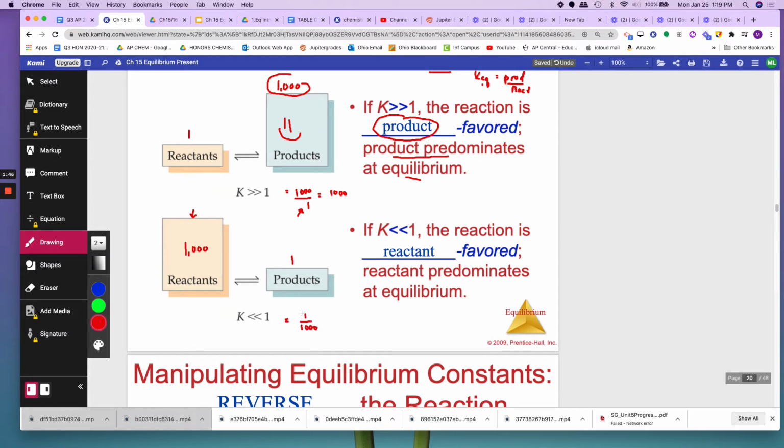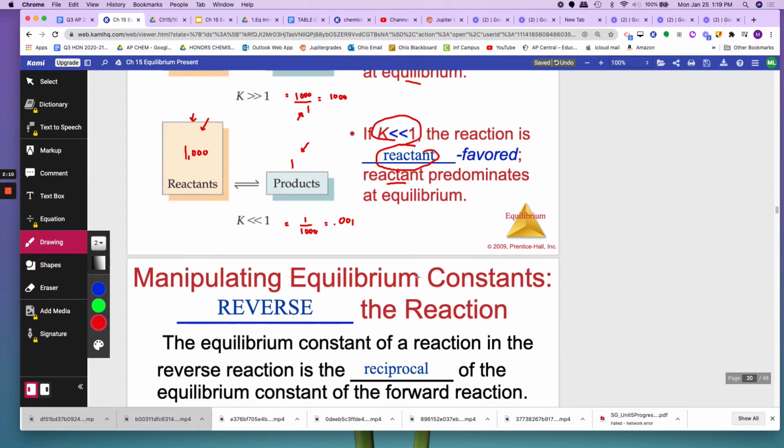What that means is this: you made one molecule and you have 1,000 molecules of the reactants left unreacted, and your reaction is done. Therefore your ratio 1 to 1,000 is going to be really, really small, 0.001. So if you have a really small K equilibrium, that means it's reactant favored. At equilibrium, you're going to have a lot more reactants than products.